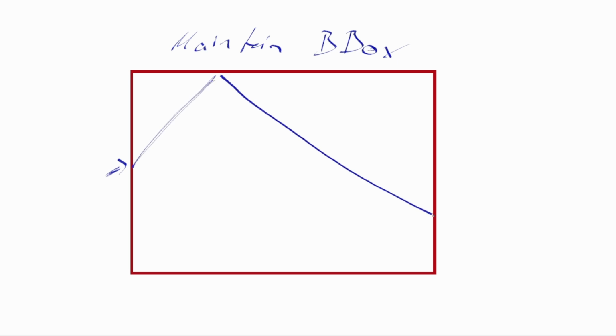When we have a box, there's a question: how do we rotate this in a way that satisfies the stretch condition? What does stretch mean in this case? We could say we should maintain the same bounding box. Which is fine, because if we have a square, we could draw the sprite like this in here.